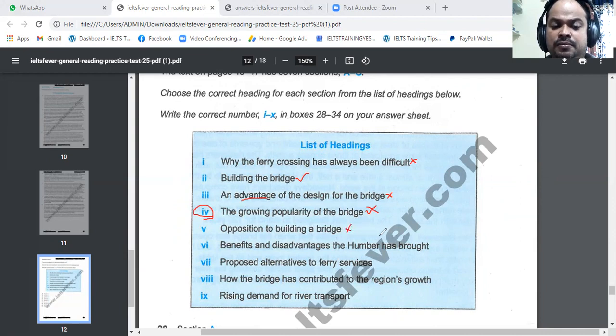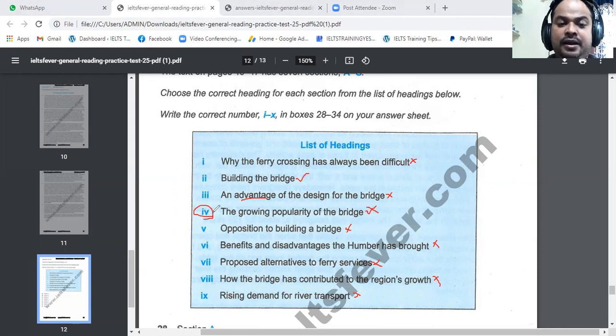Opposition, no, no, no, no. So I have only one option here, that is building the bridge. So this is the answer here. So it has become easy for me. I have not looked the second time here because I don't have any other alternatives, because this has already been an answer.